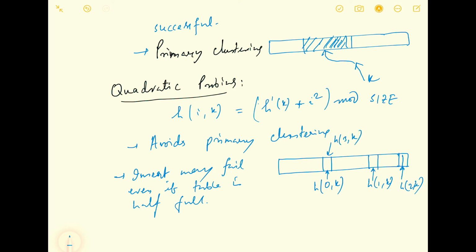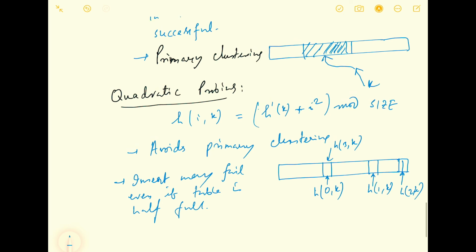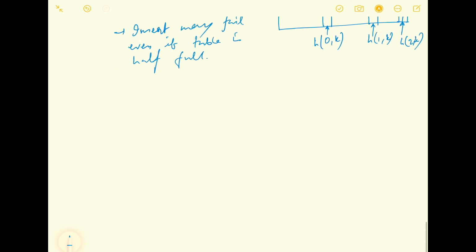That means the cells that you are probing may form a cycle, and once it forms a cycle, because of this function plus i square, then h4 of k will be h1 of k and so on. Then it does not matter how much you try, you won't find an empty cell for this key. Okay, that's what we say, that the insert will fail even if the table is half full, or even 90% full if you don't take the table size properly.